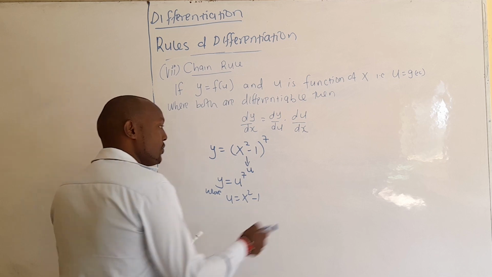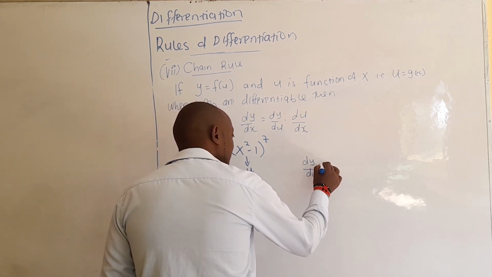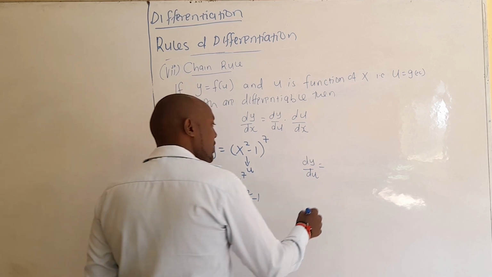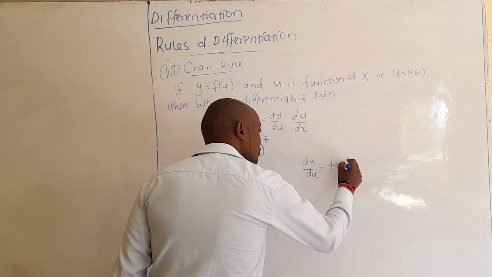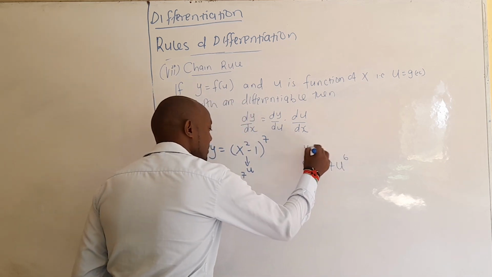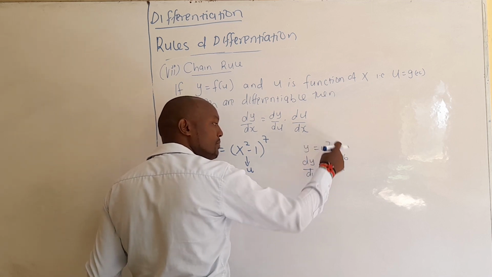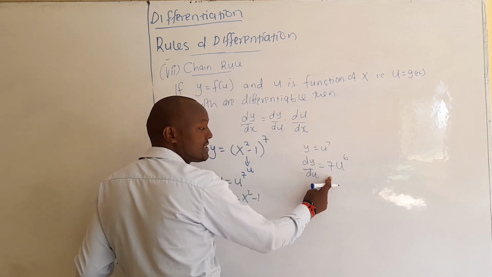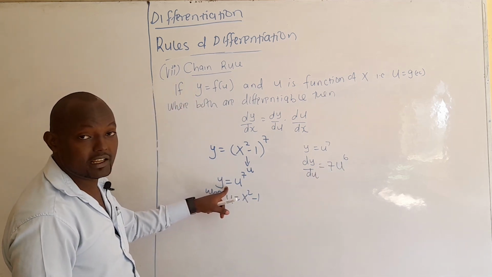So in that case, we can get dy over du, the change in y over change in u. How do we differentiate that one? You get 7u to power 6, because my y was u to power 7, so you bring 7 there, then u to power 6. We have solved that one separately.